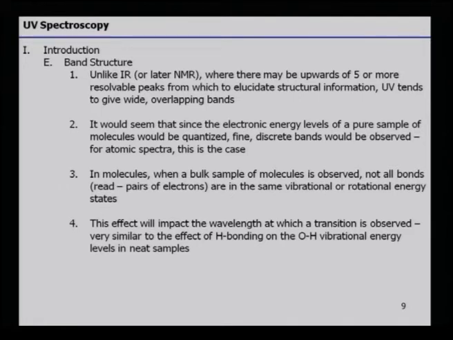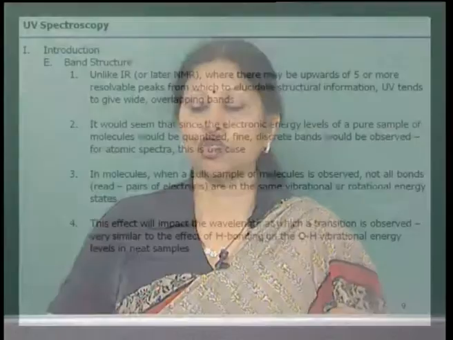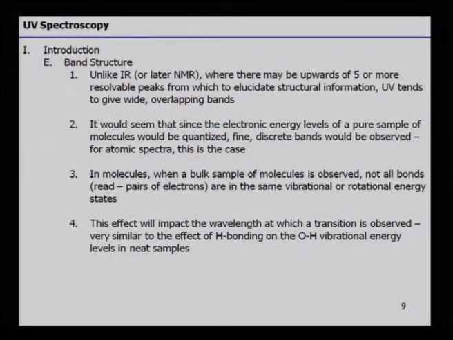It is possible that there are too many chromophores in a group, and then there will be many lambda maxes on the spectrum. It would seem that since the electronic energy levels of pure sample molecules would be quantized, fine discrete bands would be observed, as in atomic spectra.